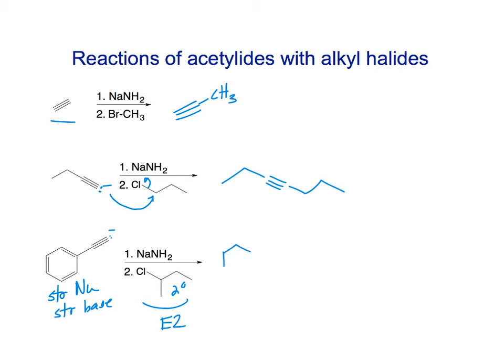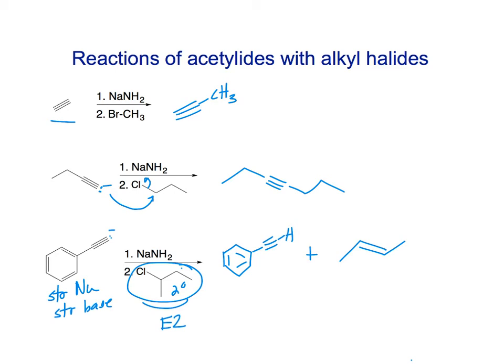And even though we deprotonated the alkyne, we're going to reprotonate it. Our other product is just going to be the alkene that came from this chlorobutane. So in this case, the acetylide is acting as a base rather than a nucleophile.